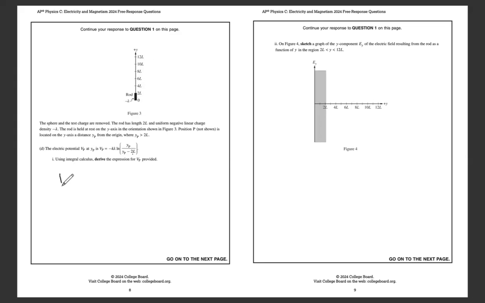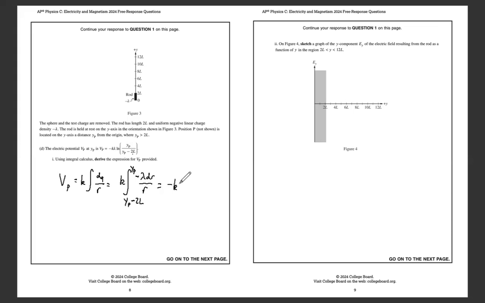Vp equals K integral dq over r, which is K integral lambda dr over r, where your distance between point P and the rod is going to vary from the distance between the top edge and point P, which is yp over 2L, minus 2L, to just yp, which is the distance from the bottom to point P. Negative sign because it's a negatively charged rod.